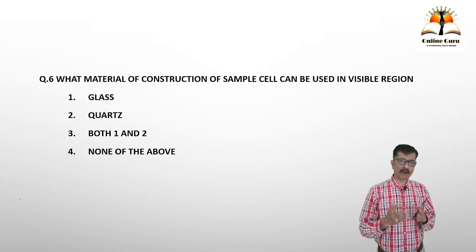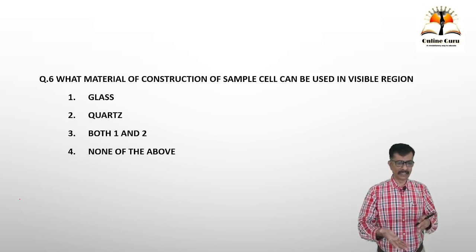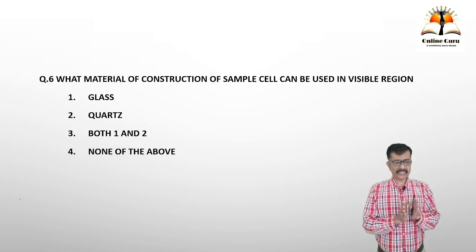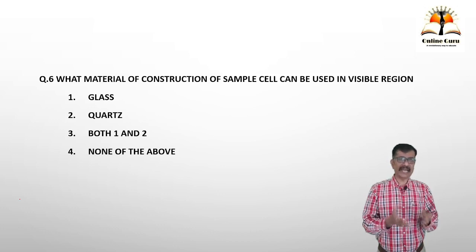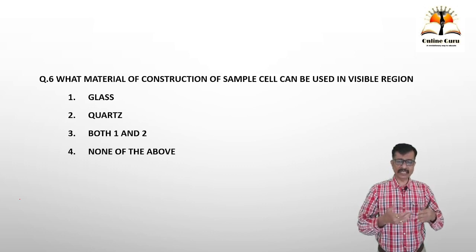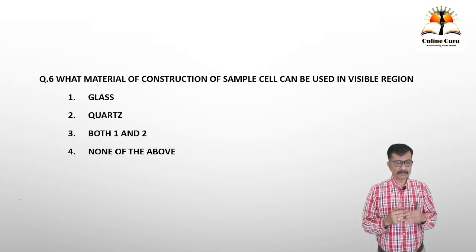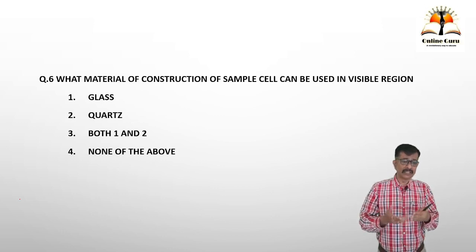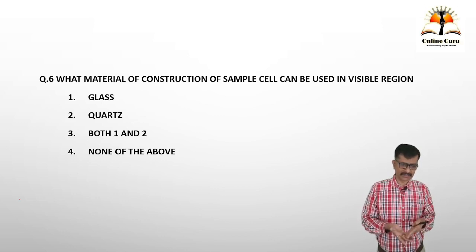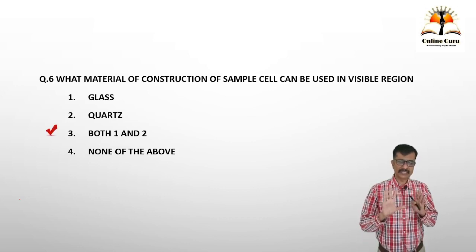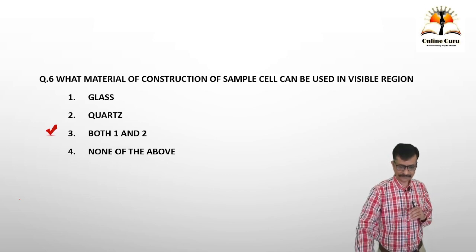So glass and quartz are both suitable materials of construction. But if you look at the cost, glass is cheaper than quartz, so glass will work in the visible region with cost effectiveness. But the question is, what material of construction of the sample cell can be used? Quartz can be used, glass can be used, so both 1 and 2, because both are transparent in the visible region.